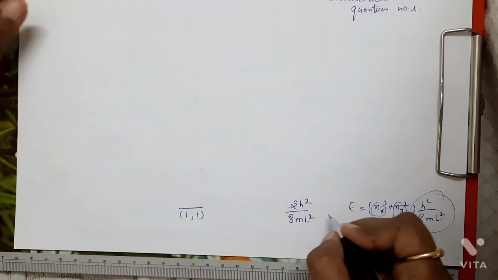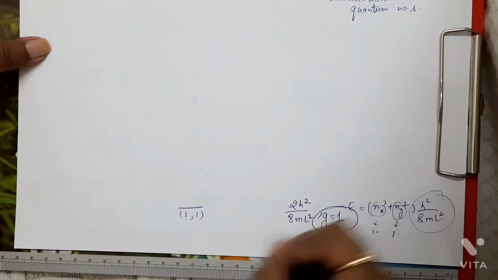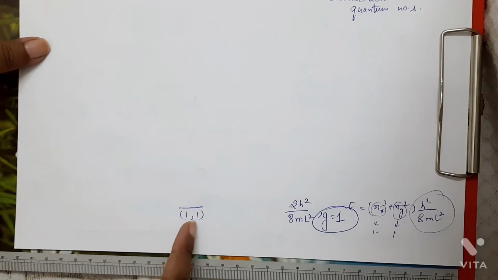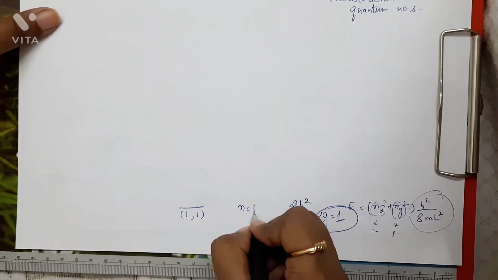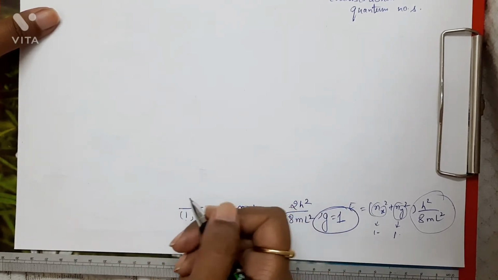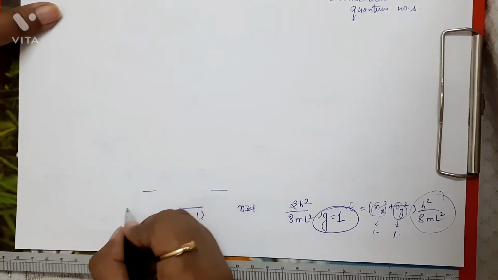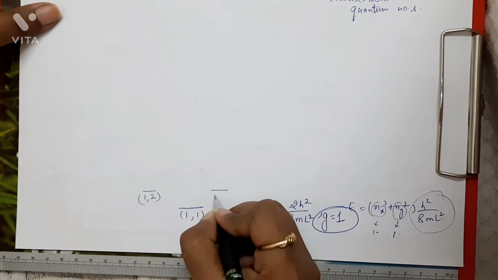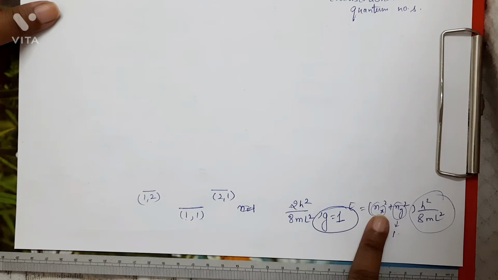So we have the value of degeneracy. Degeneracy is equal to 1. This is the value of degeneracy in case of the first energy level. Now moving on to the second energy level, if we plot the values of nx and ny as 1 comma 2 and 2 comma 1, in the first case nx is 1 and ny is 2, and in the second case nx is 2 and ny is 1.